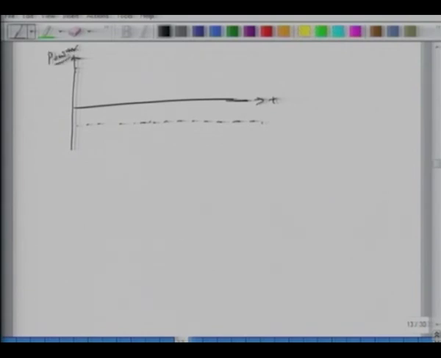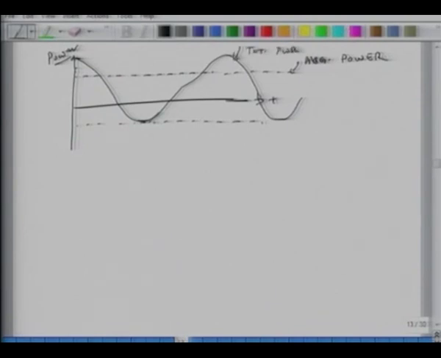The total power will be something like this, where my average power is going to be a positive non-zero entity, and this is my total power. And this area below the axis is essentially the energy which is getting dumped back into the system.